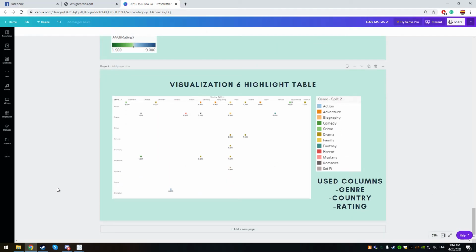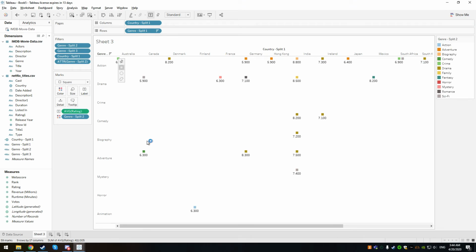And our last visualization, and we think this one is the best visualization we got. It is a highlight table. The columns we used are genre, country, and rating. To observe it, you can see the horizontal. The column is the country, which means the country that produced the movie, and the genre is the rows.